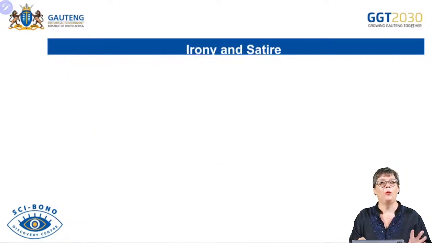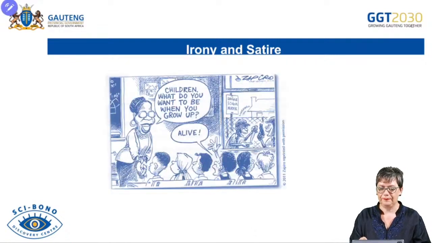Right. So we've looked at action and movement lines, and now I'm coming to two very important words that you will find often in cartoons. That is called irony and satire. So I'm going to take a few minutes with this cartoon. I need you to study this very carefully.